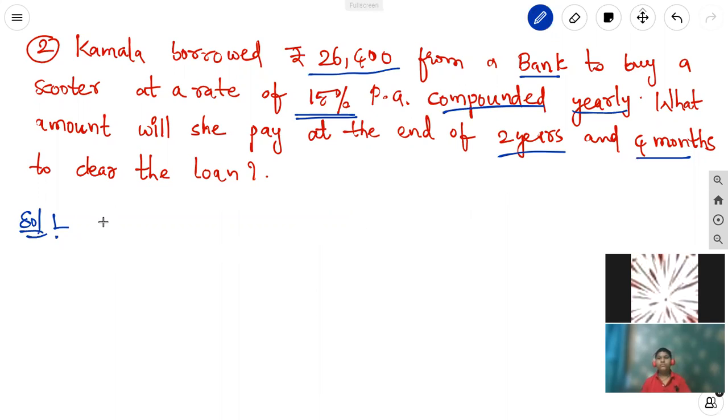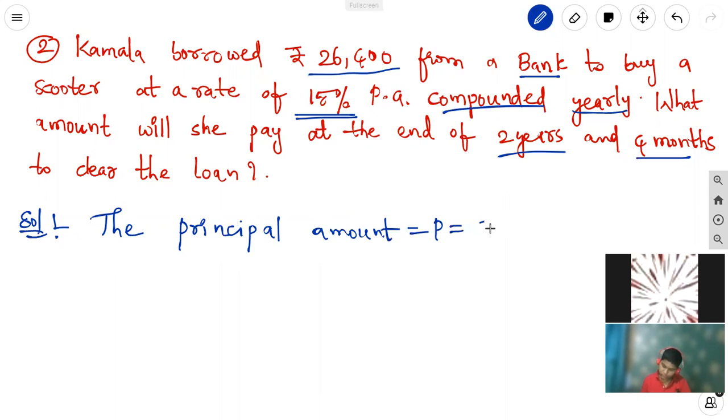Okay, first we take the principal amount. The principal amount is the starting amount, that is P. P is equal to 26,400 rupees, which she borrowed from the bank. And what is the rate of interest?